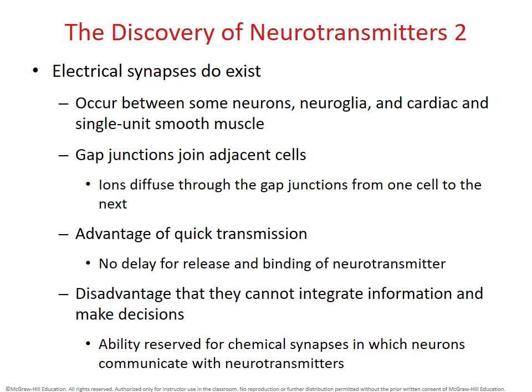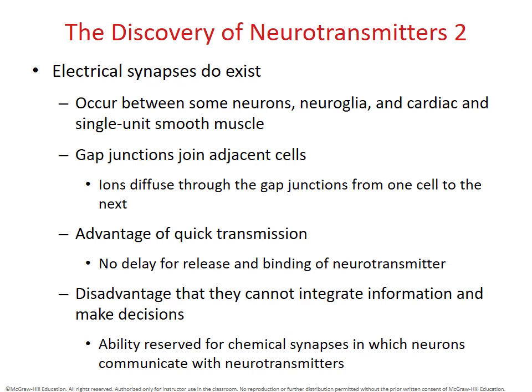Remember, gap junctions are special junctions that allow materials to diffuse directly from one cell to another. So cells that are hooked up by gap junctions are essentially electrically connected because the sodium that gets injected in one action potential in one cell can spread through the gap junction directly into the next cell, causing threshold depolarization in the next cell and a new action potential.